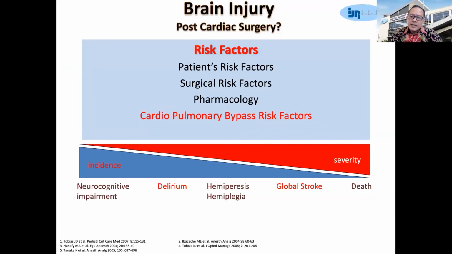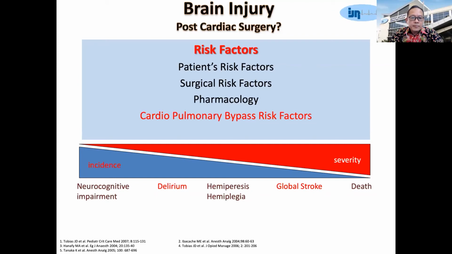Brain injury remains one of the most high-risk complications that we keep on encountering despite the advancements in the technology of heart surgery. And the brain injury can present to us in a spectrum of severity. In the most severe form, patients will present with sudden death.